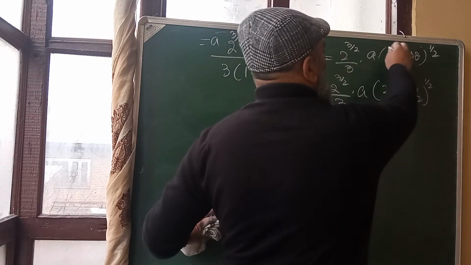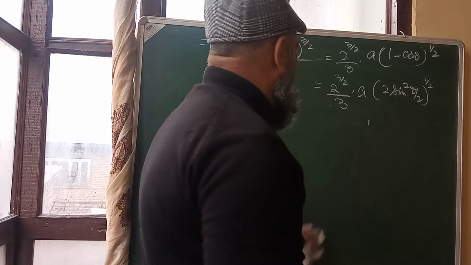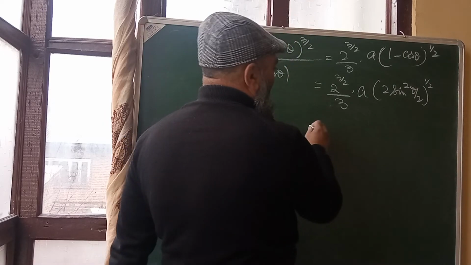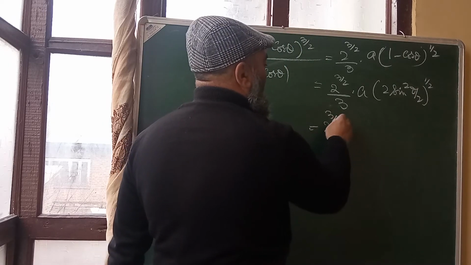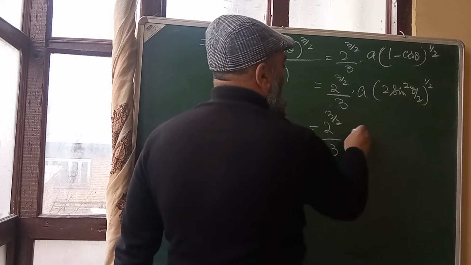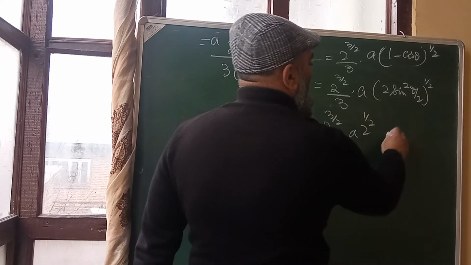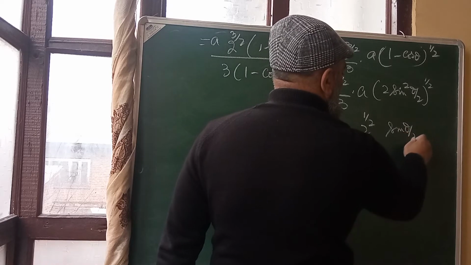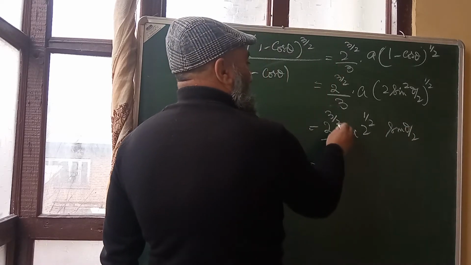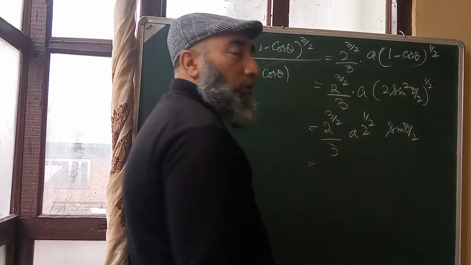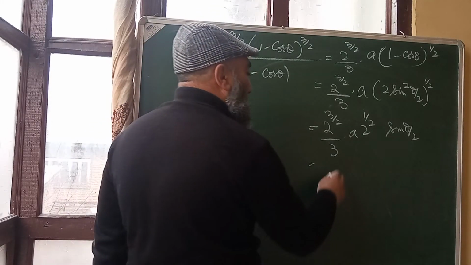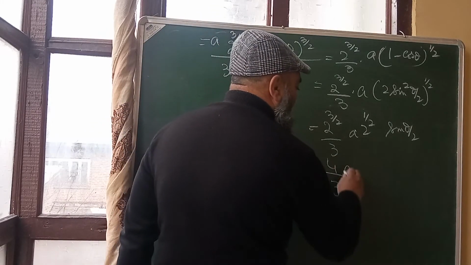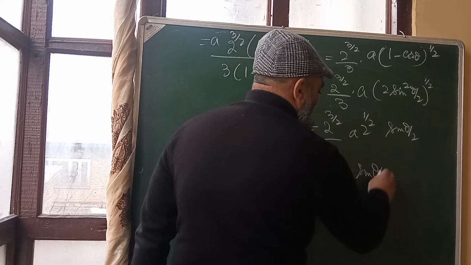This is okay also, you can keep it here. You don't need to further simplify it, but sometimes you need to. 3 by 2 by 3a, 2 raised power 1 by 2, and this is sine theta by 2. 2 raised power 3 by 2 and 1 by 2 means 4 by 2, which is 2. 2 raised power 2 is 4 by 3a sine theta by 2.